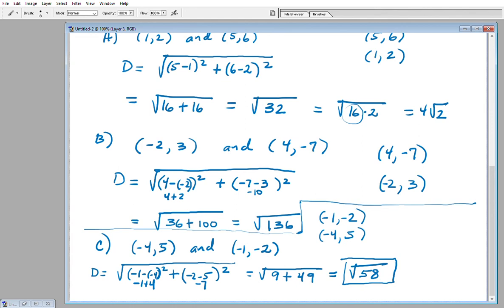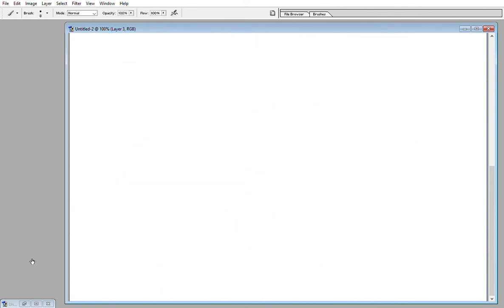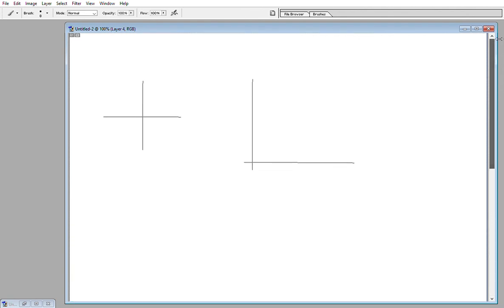That'll be it for today. So we're doing the midpoint formula.